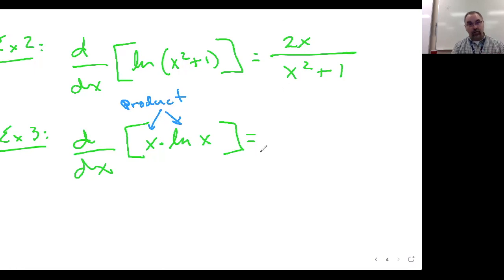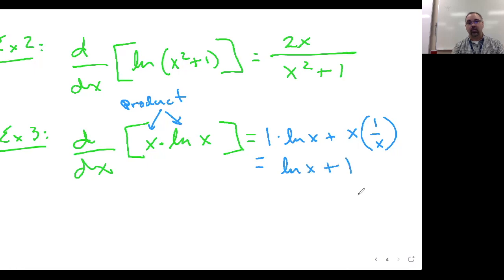That's right. So if x is the first function, ln of x is the second function, derivative of the first is 1 times the second function, plus the first times the derivative of the second function. Natural log of x's derivative is 1 over x. Oh, look at that. It's the natural log of x plus 1. Cool, right? Yeah, no problem.